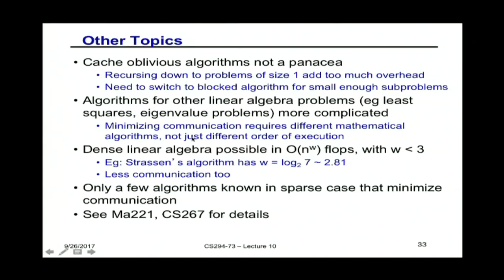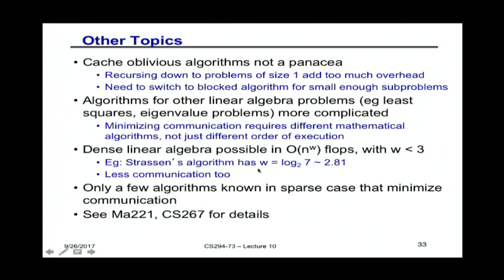For example, for matrix multiplication, Strassen's algorithm is the most well-known example. So w can be as small as this quantity. But the issue is that sometimes these so-called fast algorithms are not very numerically stable. So it needs a lot of tweaks to make them work in practice. So it's still an active research area.